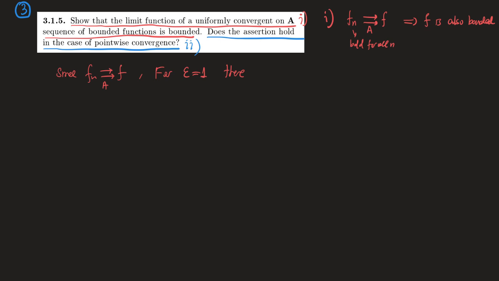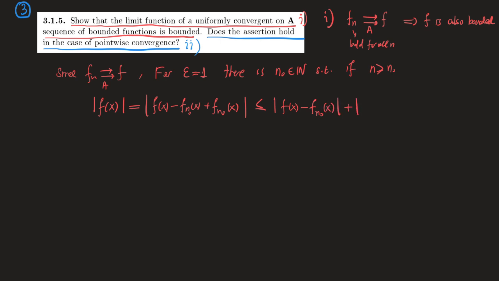There is n0 in the natural numbers such that if n is bigger than n0, |f(x)| is at most |f(x) - f_n0(x)| plus |f_n0(x)|, using the triangle inequality.